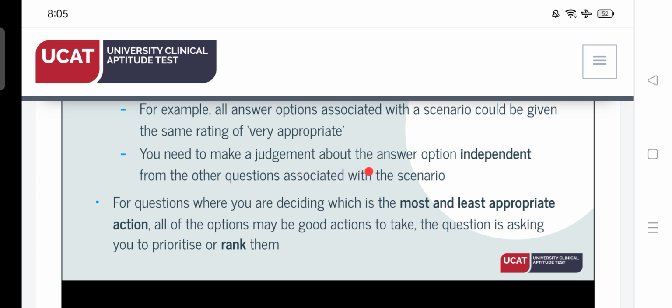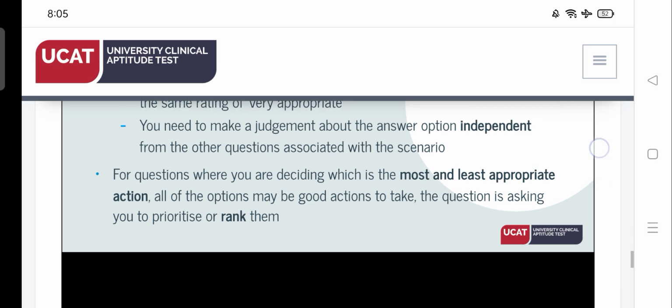You need to make a judgment about the answer option independent from the other questions associated with the scenario. For questions where you are deciding which is the most and least appropriate action, all of the options may be good actions to take. The question is asking you to prioritize or rank them.